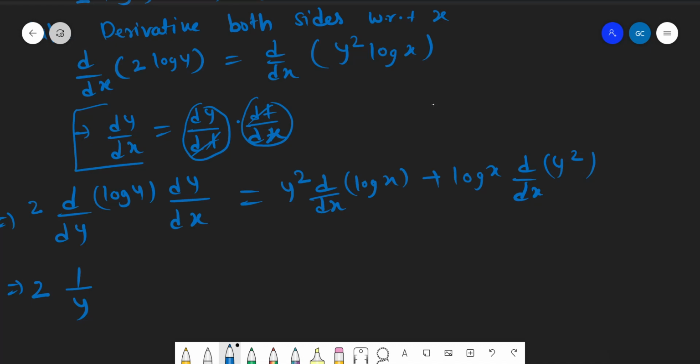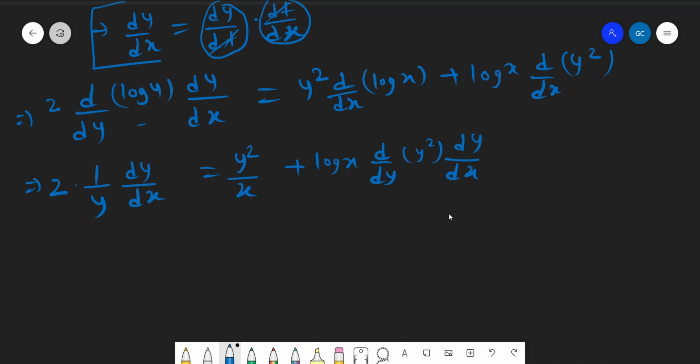Guys, you have to remember these kinds of formulas, otherwise it will be very difficult to solve these questions. Next, here y square, and again it will become 1 by x plus log of x. Similarly, the same thing that we did here, we have to do here also. We just have to change it, so it will be d of y with respect to y square, then dy by dx.